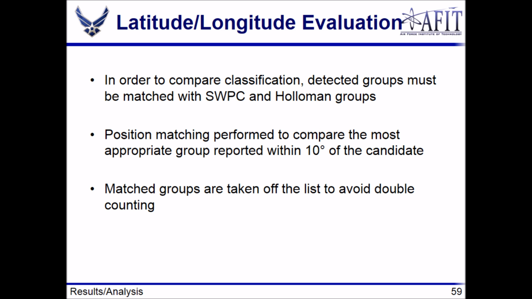In order to match, I use position matching, so anything I compare goes to the most appropriate group that is within 10 degrees of the candidate I'm attempting to match. After a group is matched, we take it out so that we don't double count it.